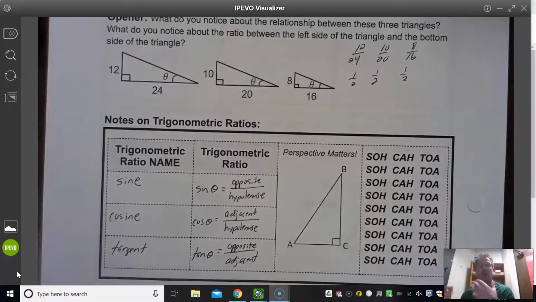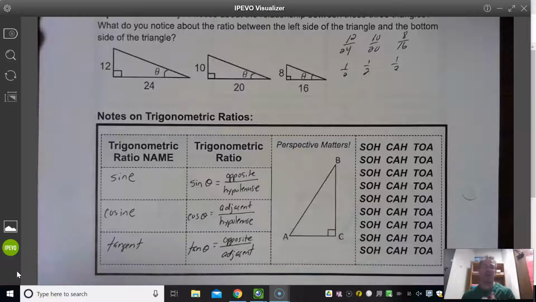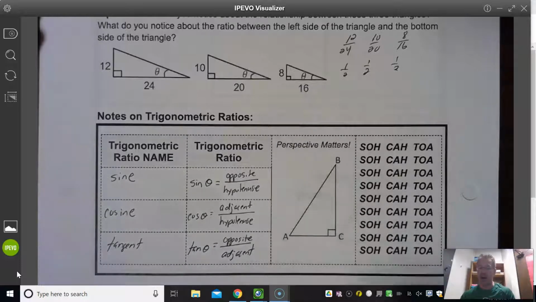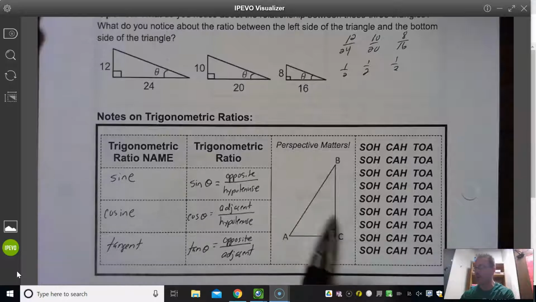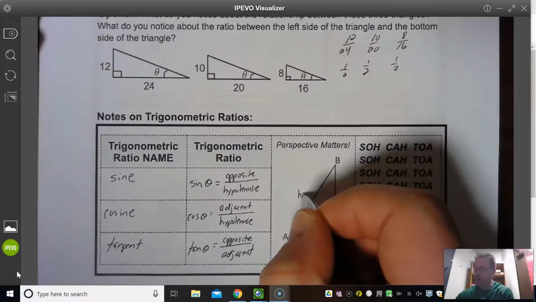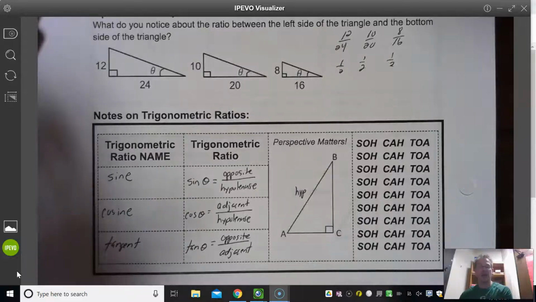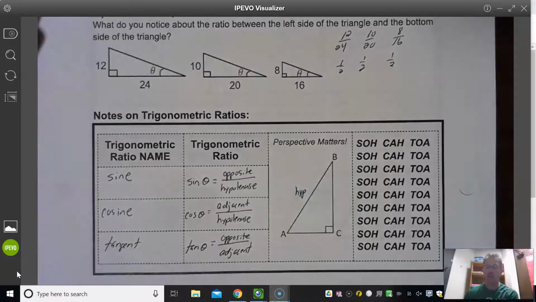Now, what we say here is that perspective matters, because the opposite and the adjacent change based on which angle you're looking from. The hypotenuse is always the hypotenuse because we know the hypotenuse is always, no matter what, the side opposite the right angle. So what changes is what is my opposite side and what is my adjacent side, based on which angle I'm looking from.